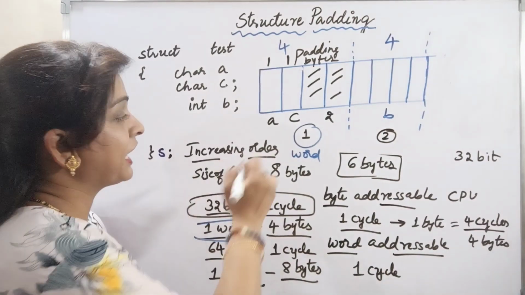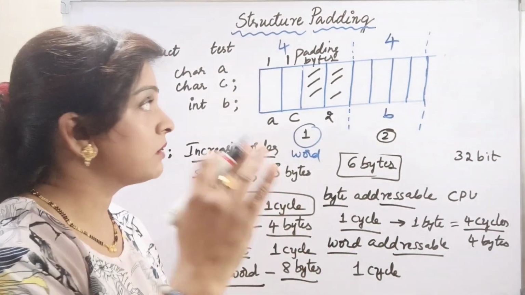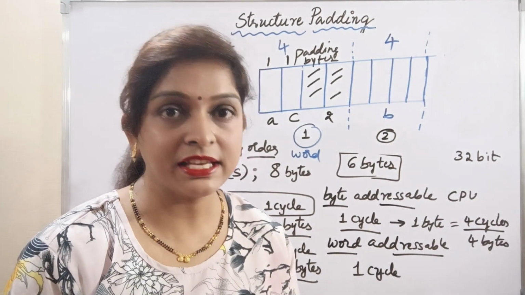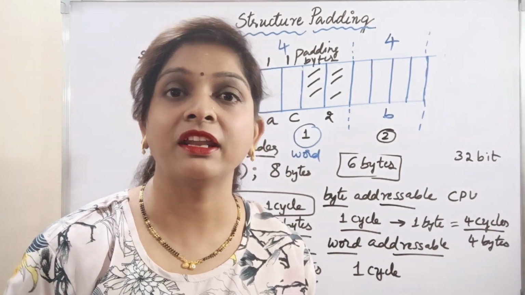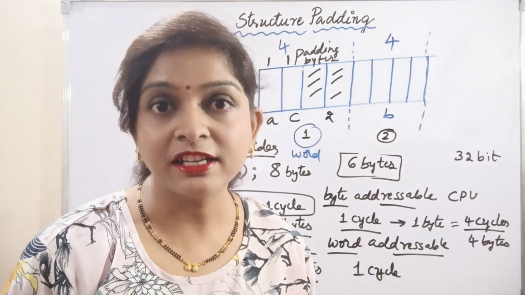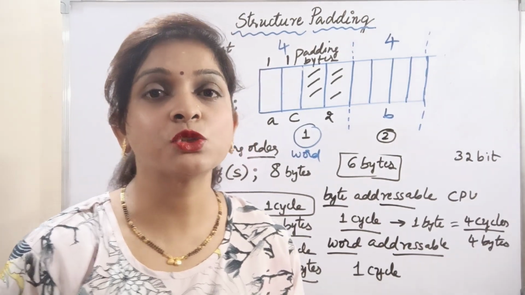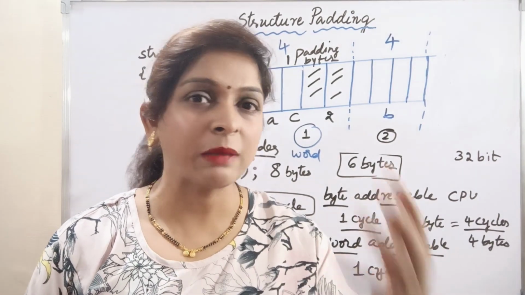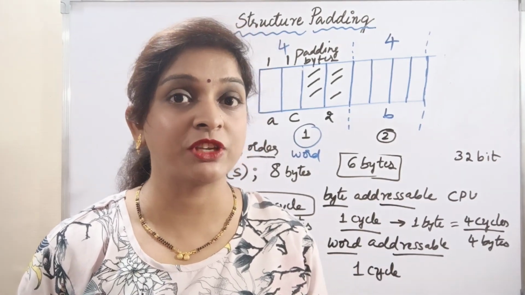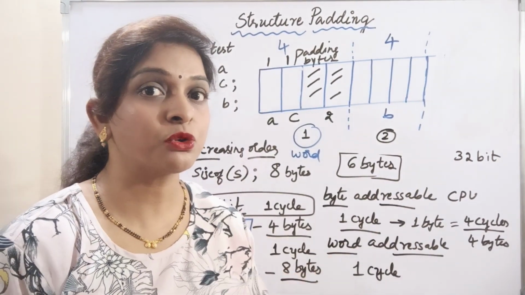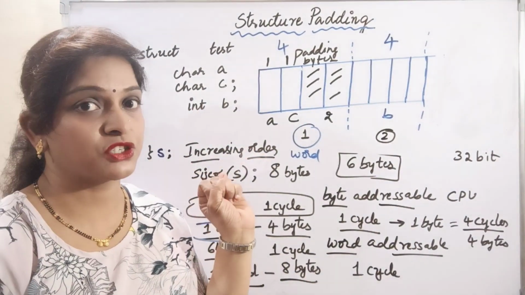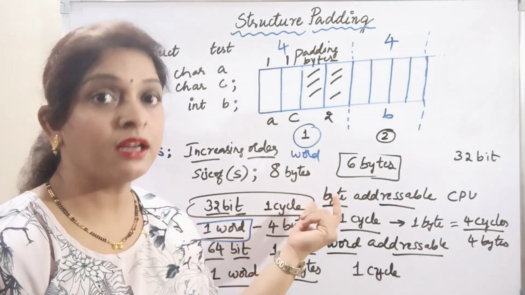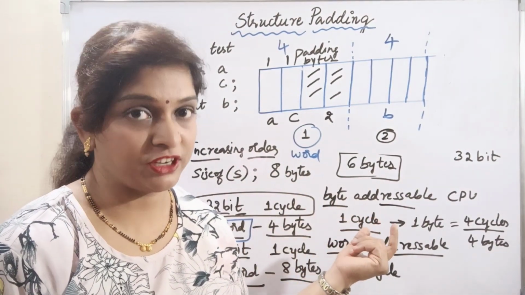If I arrange them in increasing order, I can minimize the padding bytes. Nowadays the filling of padding bytes is taken care of by the compiler itself, and there is no problem having enough memory. But even then, there may be complex situations where we as programmers should know how to arrange the structure members, so that we can use the memory effectively.